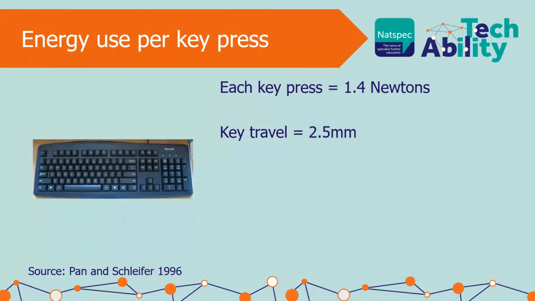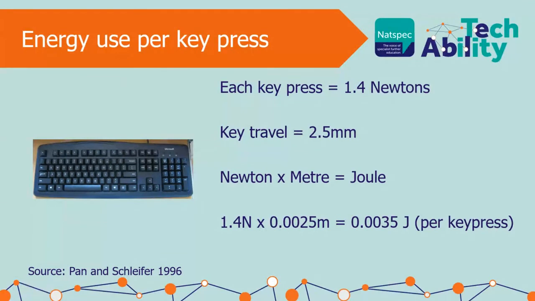The key travel, the distance from the top to the bottom, is 2.5 millimeters. And to work out what energy we have used to press 1 key on a keyboard, we need to times those 2 things together. We times our newtons by our meters, which is 0.0025 of a meter, 2.5 millimeters. So essentially, in summary, to press 1 key on a normal keyboard, it takes about 0.0035 of a joule. So a tiny amount compared to lifting up a tomato.